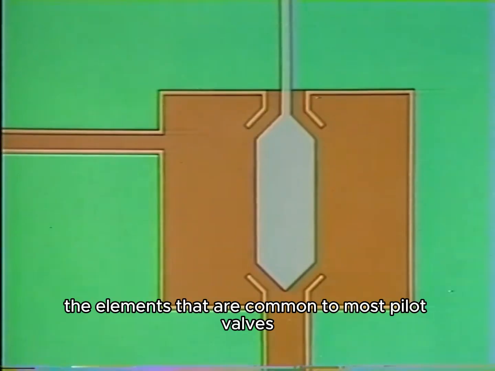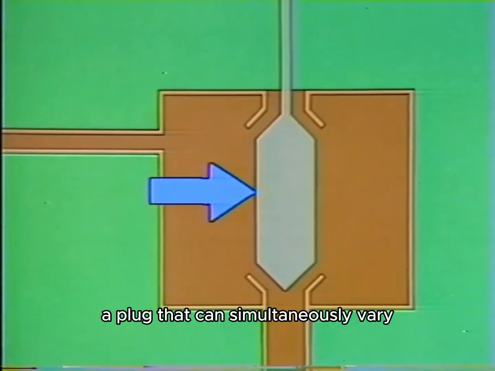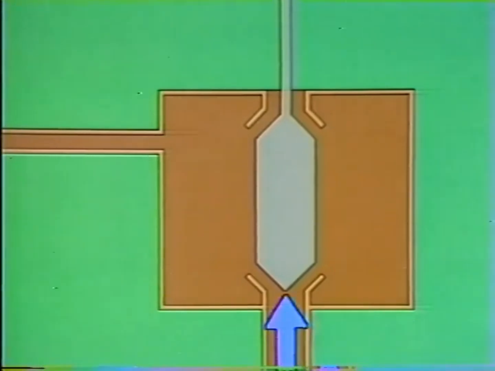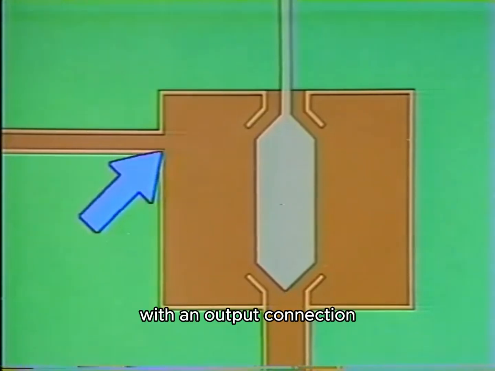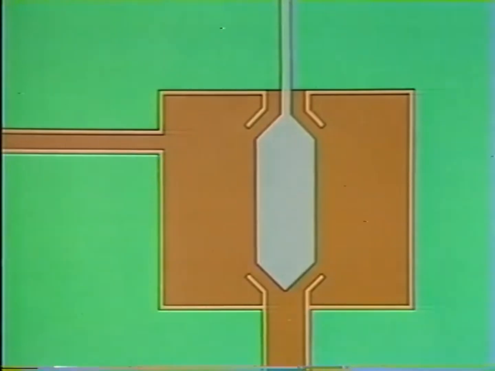The elements that are common to most pilot valves include two restrictions, a plug that can simultaneously vary the size of the two restrictions, an air supply, and a back pressure compartment with an output connection. Generally, the mechanism works like this.